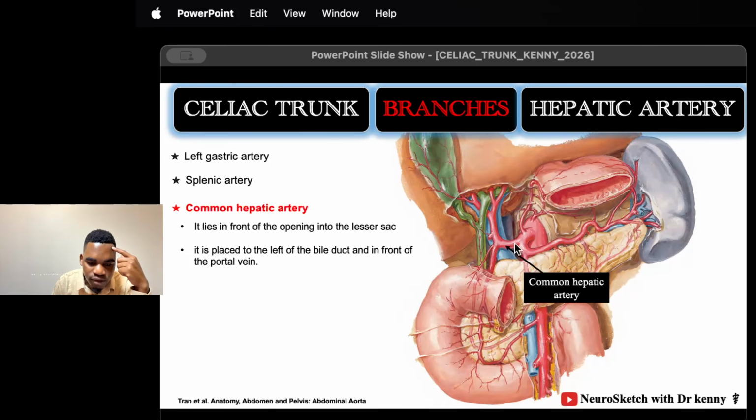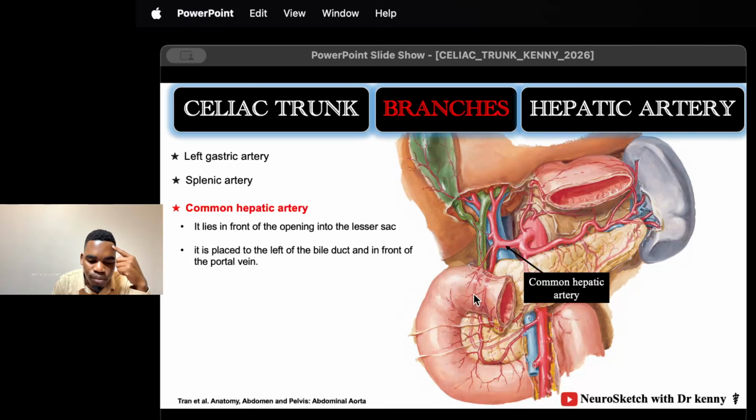Okay. So let's summarize the hepatic artery. We have the common hepatic artery. The common hepatic artery will give the right gastric artery. It also gives the gastroduodenal artery, and then it becomes the hepatic artery proper. But we'll say this gastroduodenal artery, which is called the GDA, has two branches.